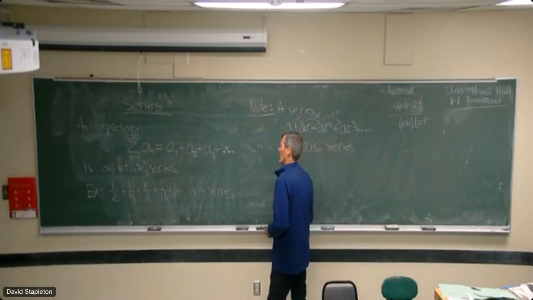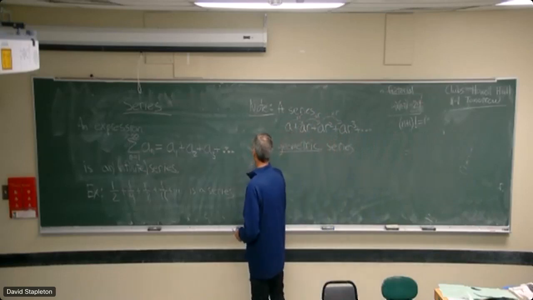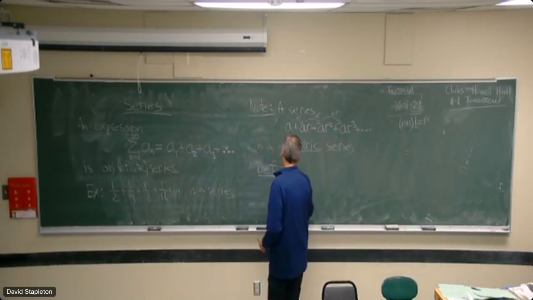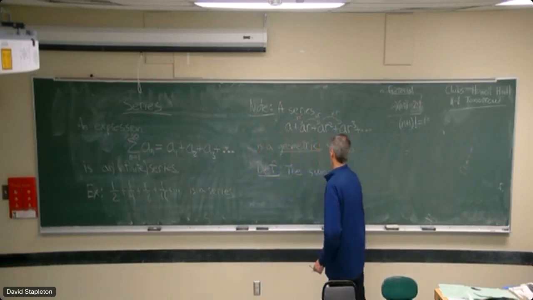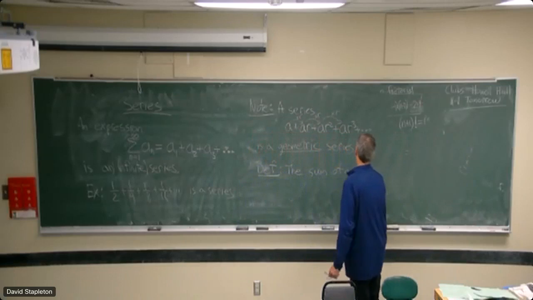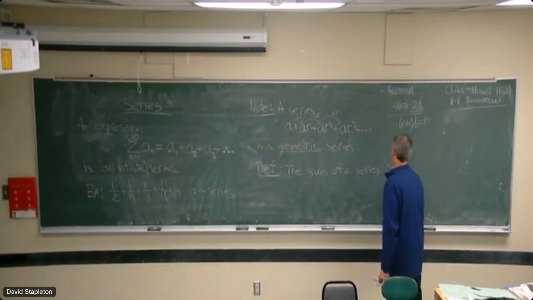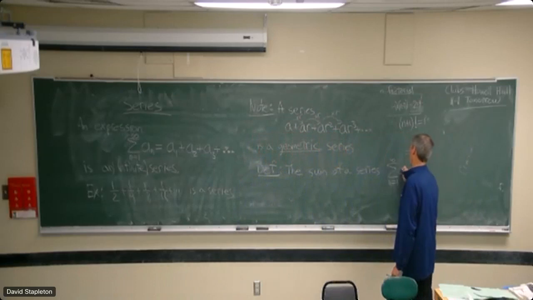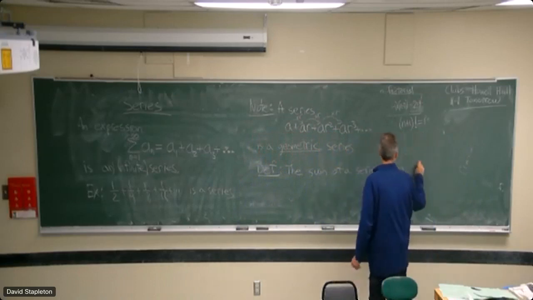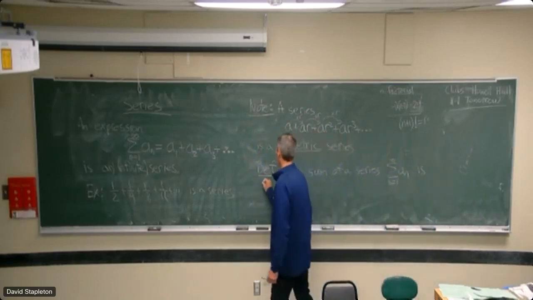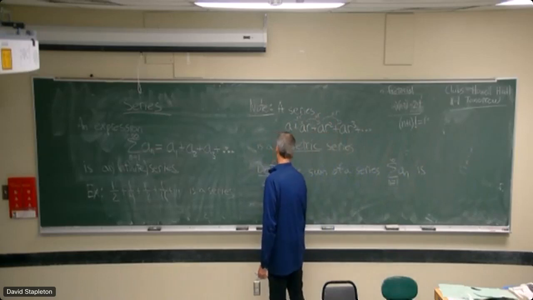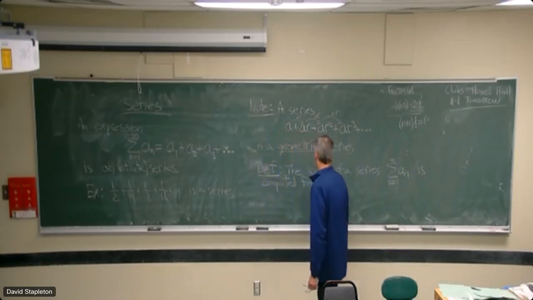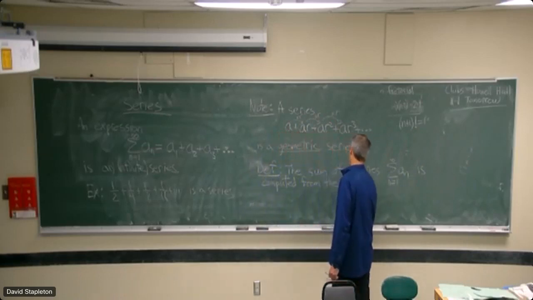Now, how do we evaluate the sum of the series? The definition. The sum of a series, sum n equals 1 to infinity of a_n, is computed from the sequence of partial sums. It's this sequence.